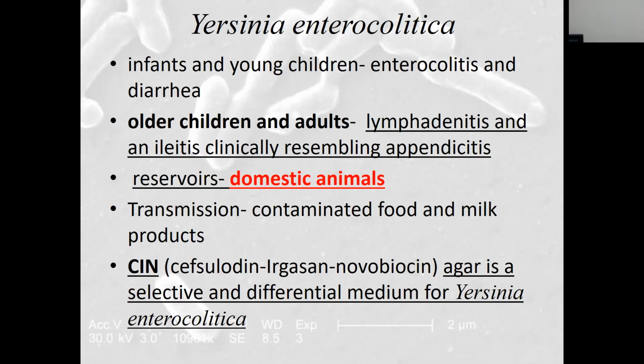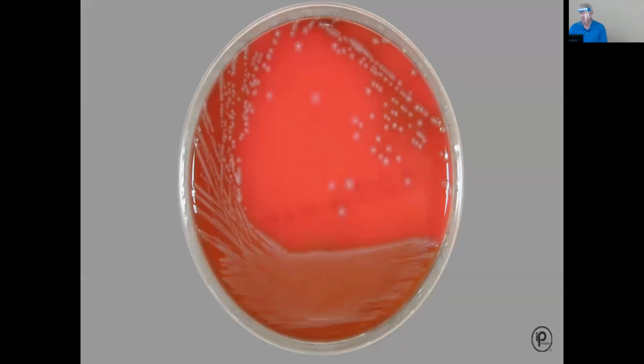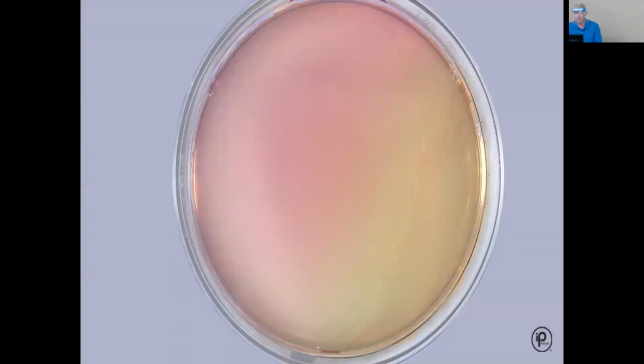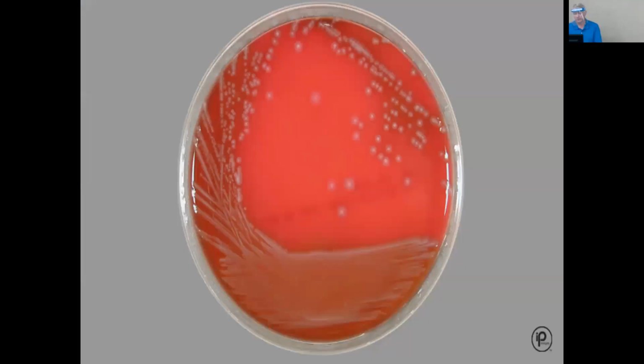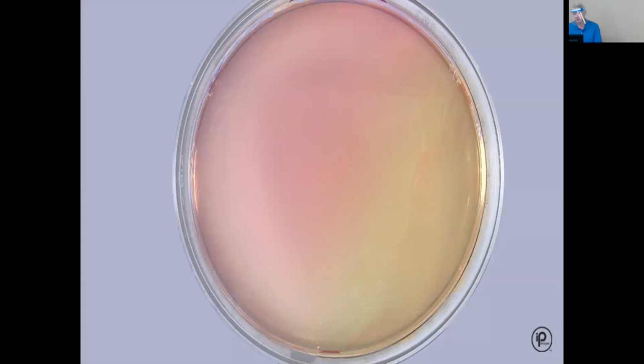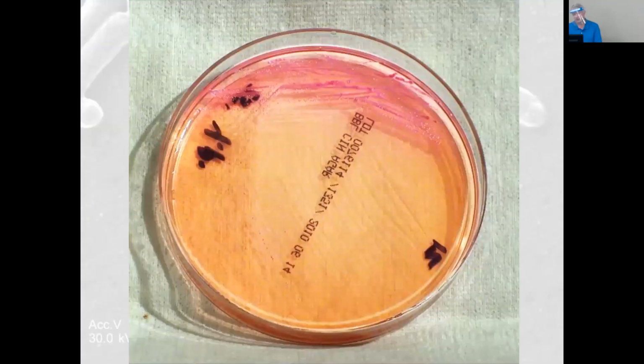So this is CIN agar, and it is for Yersinia enterocolitica. It's selective and differential, meaning it will grow on that and others will not. To me, that looks like blood. That looks like MacConkey. There's the CIN agar, and you see it growing, picking up Yersinia.